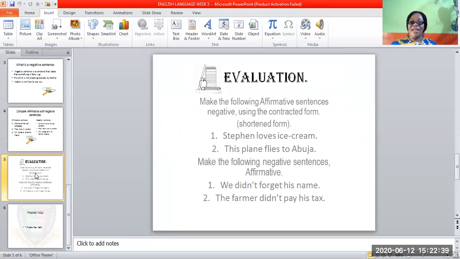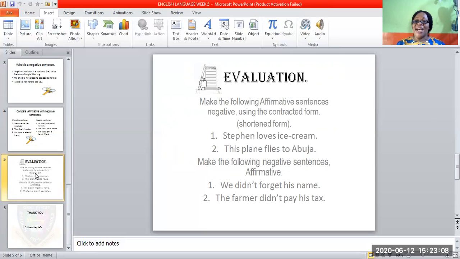We have learned now that there are sentences that are called affirmative sentences and negative sentences. We have understood that affirmative sentences are sentences that are made in the positive, while negative sentences are made in the negative. Perhaps we should break that down.